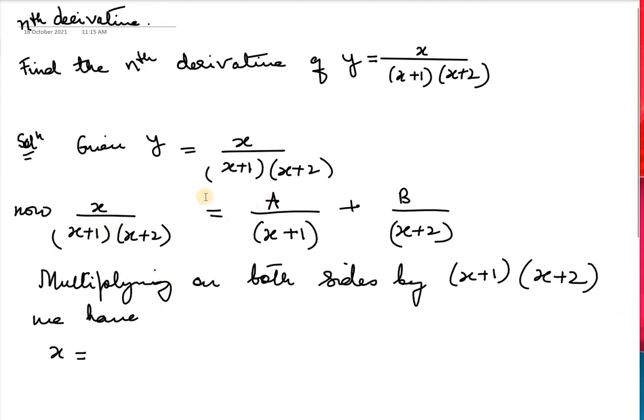So this will become x, and then if you multiply x plus 1 into x plus 2 to this side, you'll see that here x plus 1 will be cancelled. So you'll have now a into x plus 2 plus b times x plus 1. Name this as equation 1.